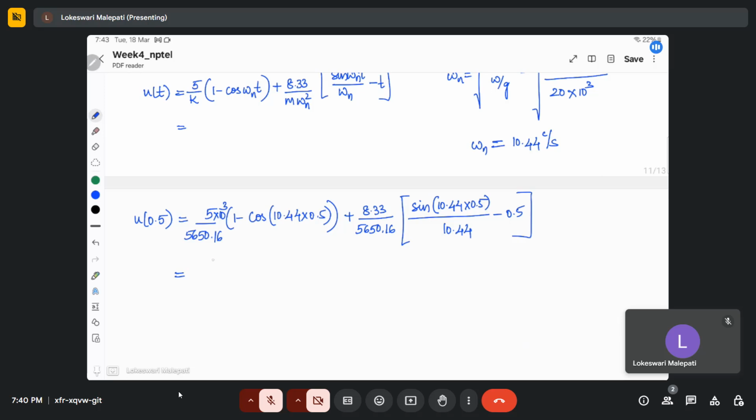Once you evaluate, you get a value of minus 0.4072 inches. So this is the value of displacement at 0.5 seconds.